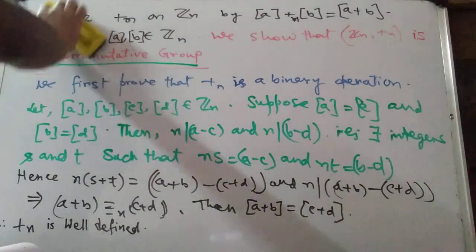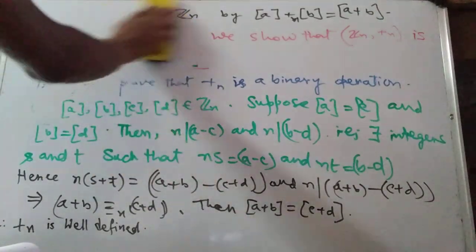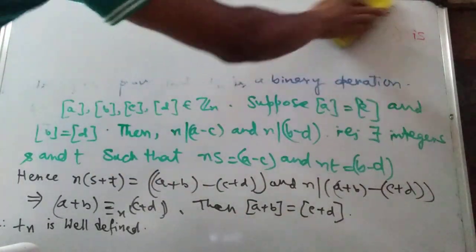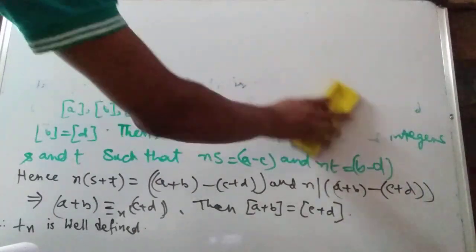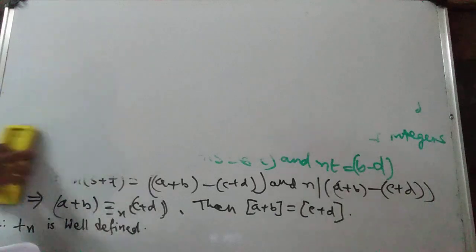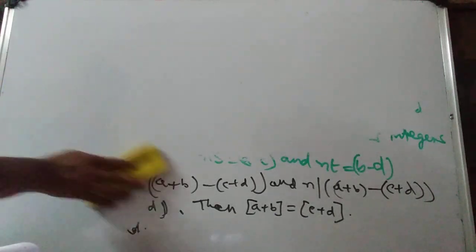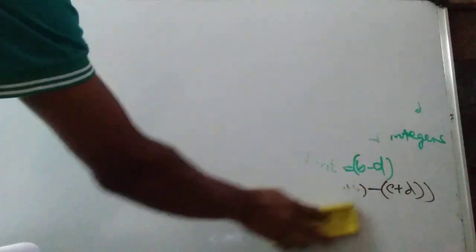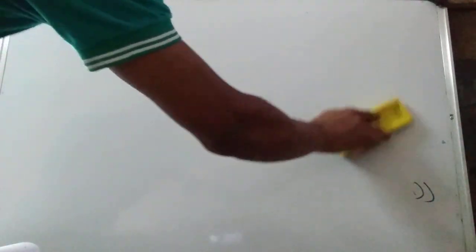Now we erase that portion and go on to discuss the associative property. We also showed that plus modulo n is well defined. Not a problem at all.